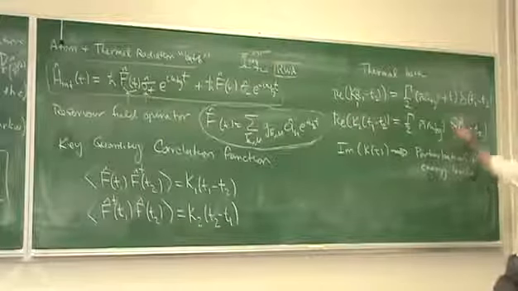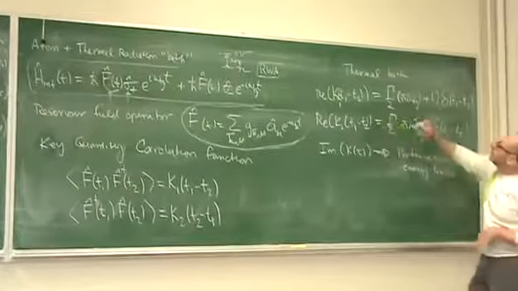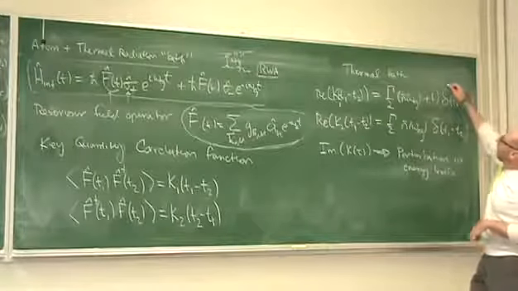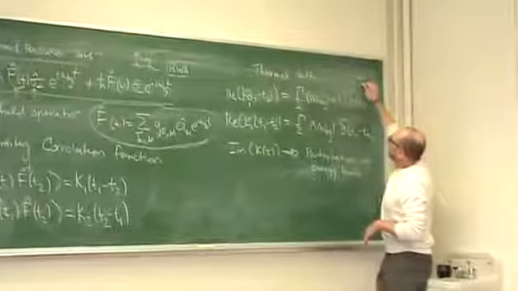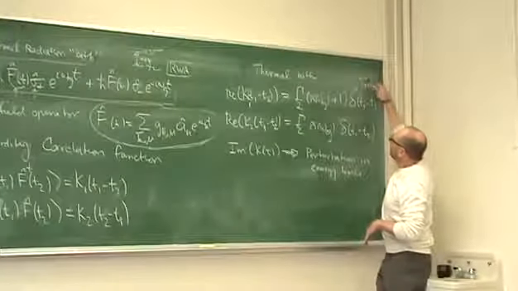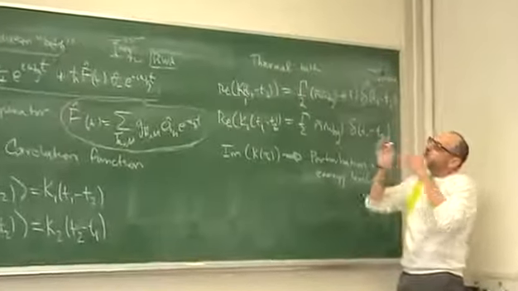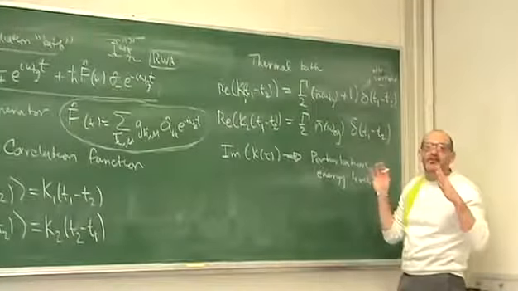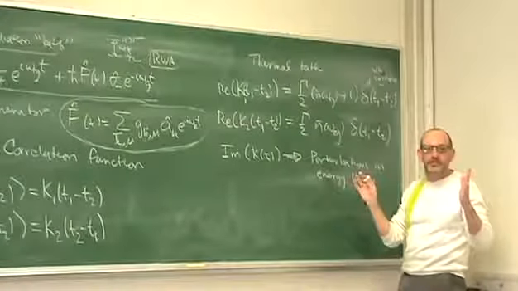All right, but this is the key here, that the correlation function is delta correlated. And that was related to the fact that the spectrum of vacuum fluctuations is effectively white.